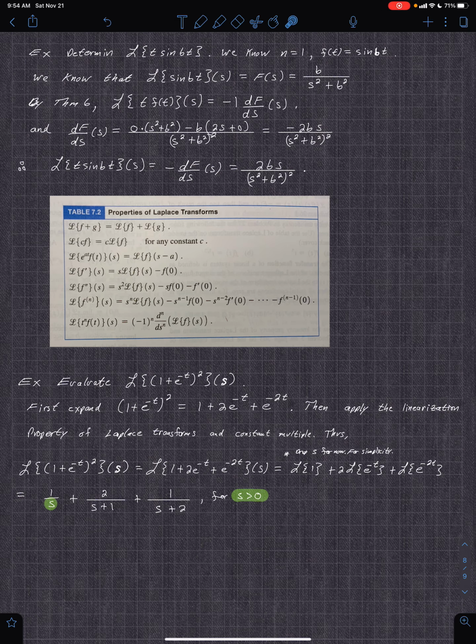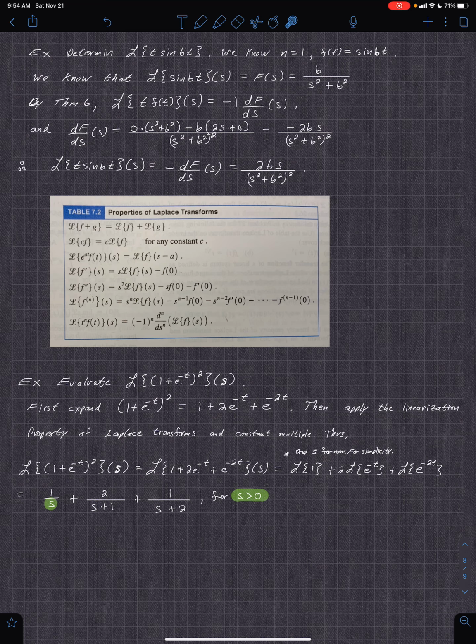And again, this one's just written up. I don't want these to be too long, but you can try it. So let's try this example using what we know, because you know t, you know sine of bt, and you're putting t right there. So we know this, and so this must be then negative dF/ds of that. So you're taking that dF/ds, this derivative.